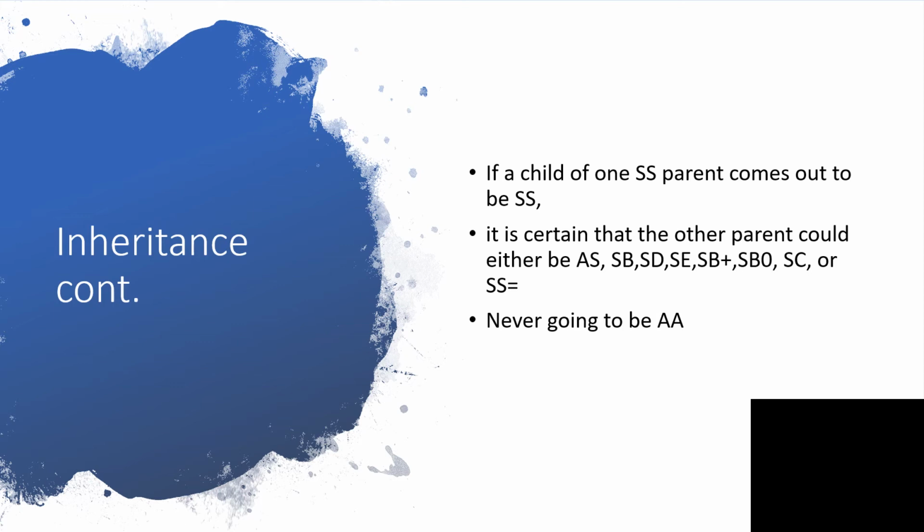So it's either somebody somewhere, or if the SS woman marries a man who had deceived her that he is AA, and they start raising kids, and one is SS, then the woman should take the man to a proper laboratory center to make a proper diagnosis of the genotype.